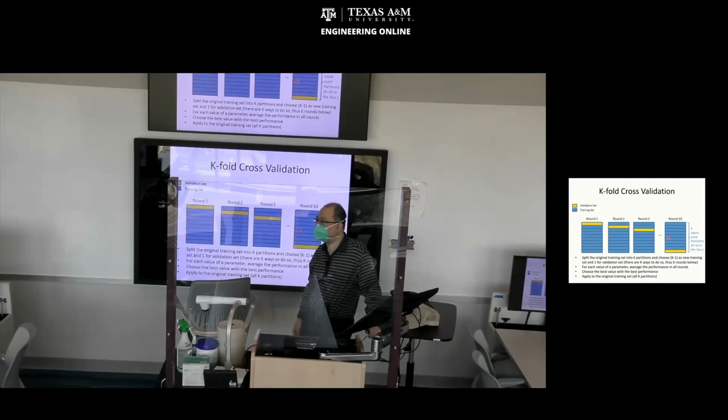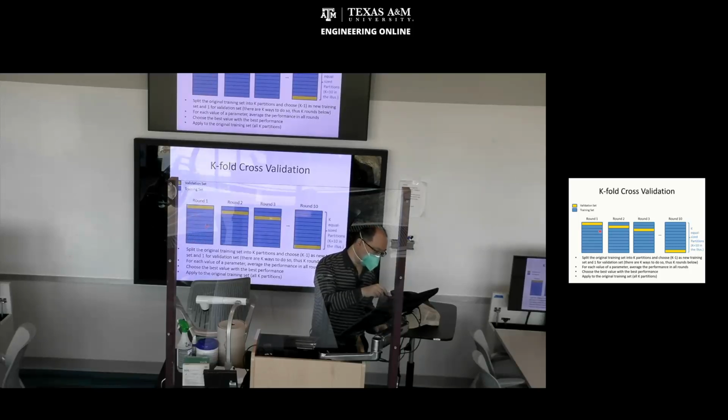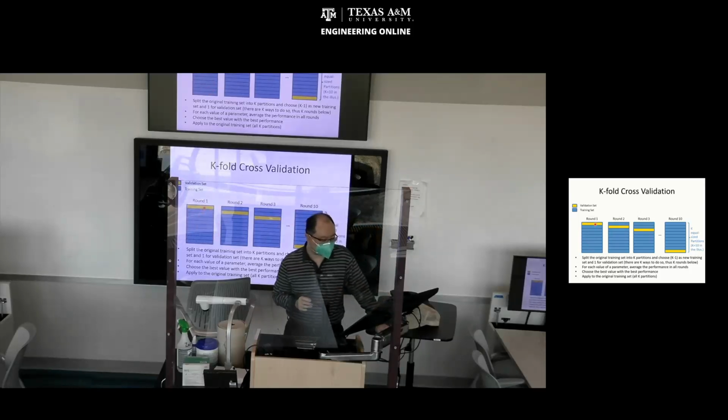One way to optimize the hyperparameters is using the validation set and doing k-fold cross-validation, right? As a reminder, you randomly split your training set into k equal partitions. K minus one of them will be used as training, and one fold will be used as the validation set. You can keep doing this, and in total you have k ways to do that, right? If it's 10-fold cross-validation, you repeat this process of training 10 times and validating 10 times, right?